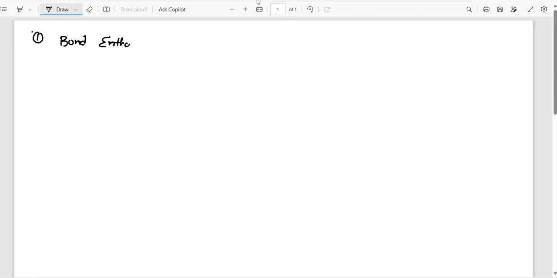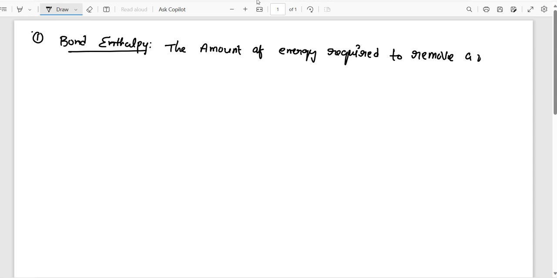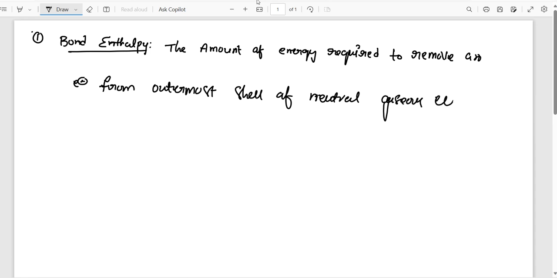Bond enthalpy means the amount of energy required to remove an electron from the outermost shell of a neutral gaseous atom. So how much energy is required to remove an electron from the outermost shell of a neutral gaseous atom?